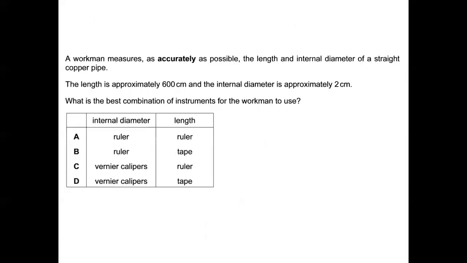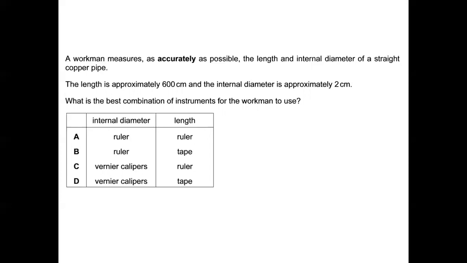Next, a workman measures as accurately as possible the length and internal diameter of a straight copper pipe. The length is approximately 600 centimeters and the internal diameter is approximately 2 centimeters. What is the best combination of instruments for the workman to use?